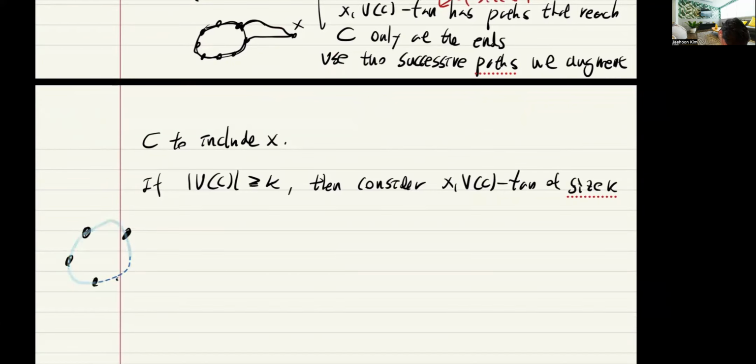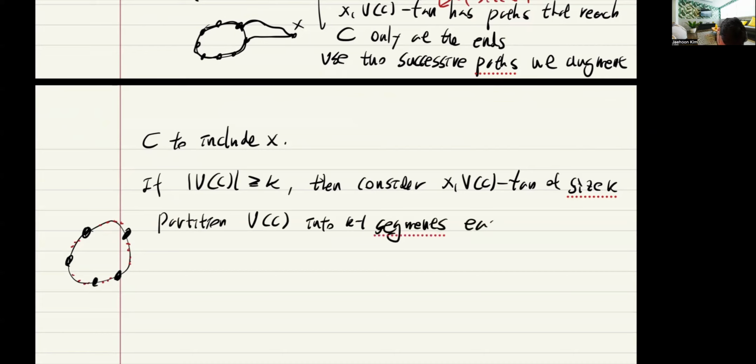Those k vertices partition the cycle into k-1 segments, each starting with an element of S minus x.